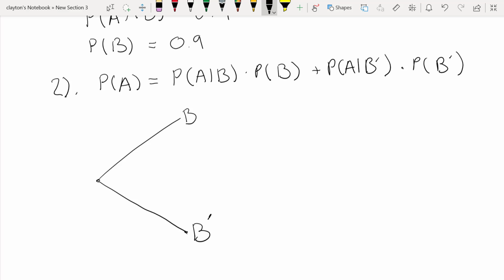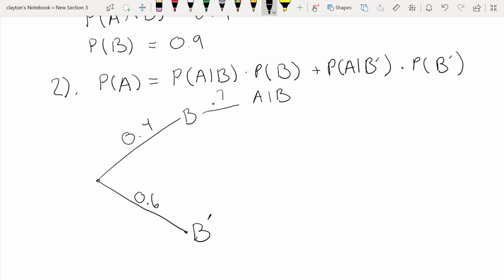And from our problem, it says the probability of B is 0.4, which means that not B is going to be 0.6. And it also tells us the probability of A given B. So this is A given B, right? We're already over here, is 0.7. And for this problem, this is all we care about.